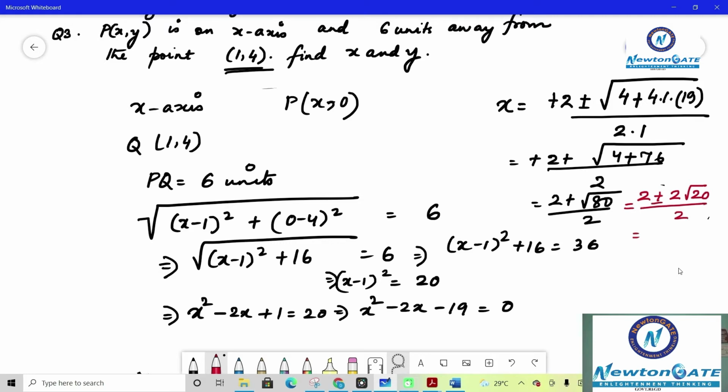So, plus minus, this will be plus minus all of them. So, 1 plus minus root over 20. So, this is my point x, and y, as you can see, it's already given that it's on the y axis, so it will be 0. So, these are my x and this is my y coordinate.